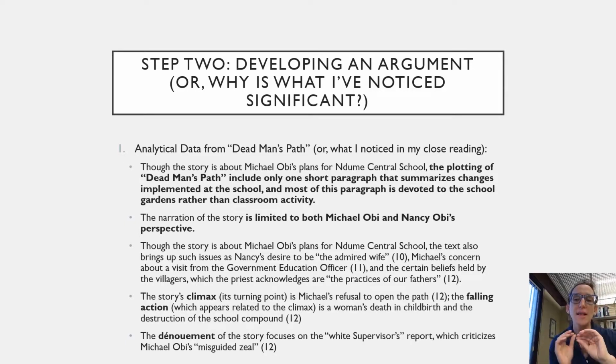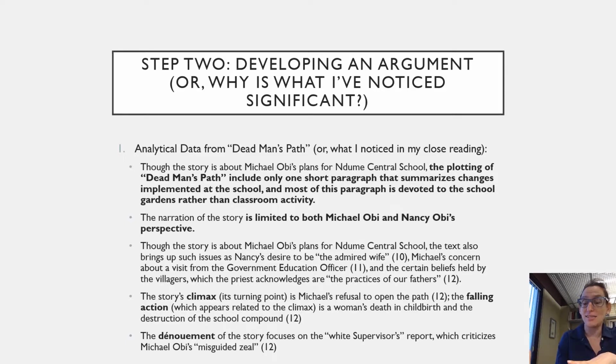I thought that's a very interesting indirect way that Achebe thinks about the goals and motivations of these characters, and it's interesting that it's Nancy, not Michael. I also noticed that Michael is really concerned about the visit from the government education officer, and we hear that on page 11, that he wants to be evaluated. He really cares about what other people think of him, and very specific other people, these higher ups in the education system.